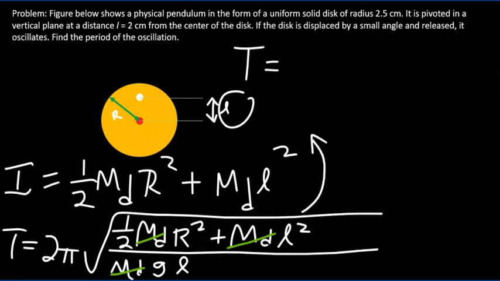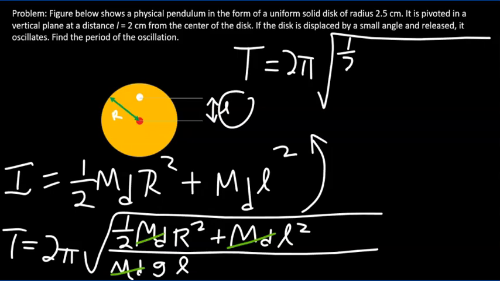And let's calculate that. T is 2 pi square root half capital R squared. R is the radius of that disk, 2.5 cm. Turn that into meter, 0.025 meter squared, plus L squared.